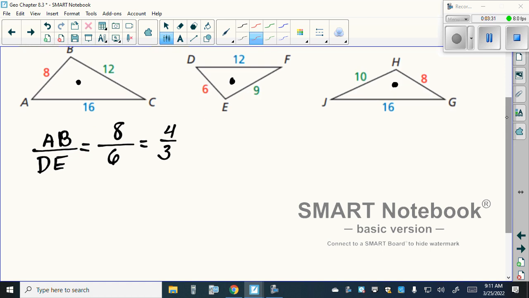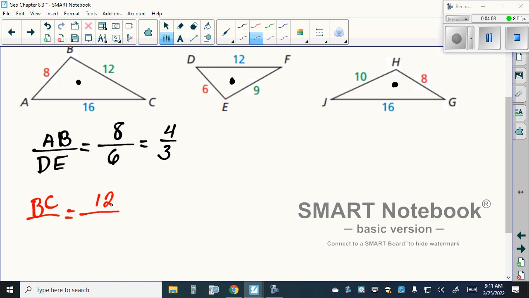Well, the next one we can look at is, say, BC over EF. We do have the colors, but if we look at BC, the length of BC is 12, yes? It's bigger than 8, but is it the biggest side? No, because we have 8, 12, and 16, yes? 12 is in the middle.